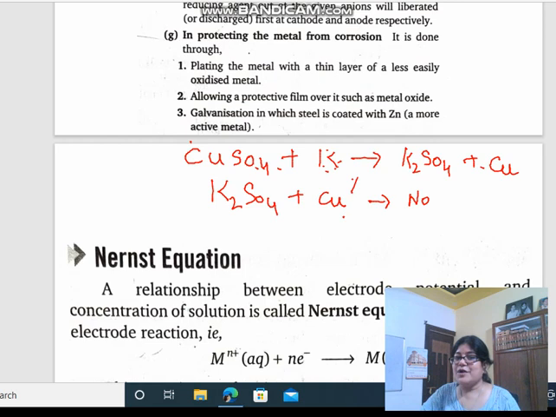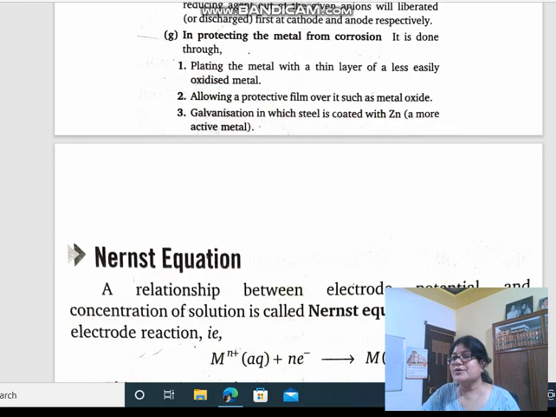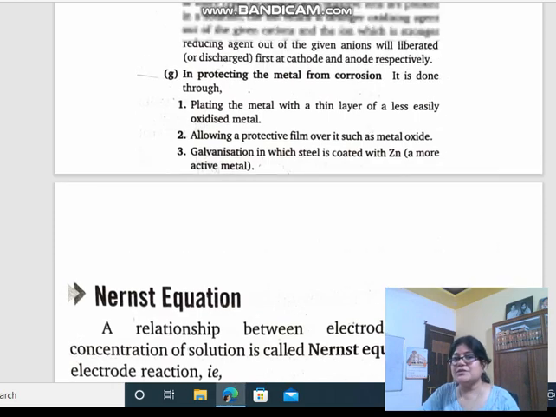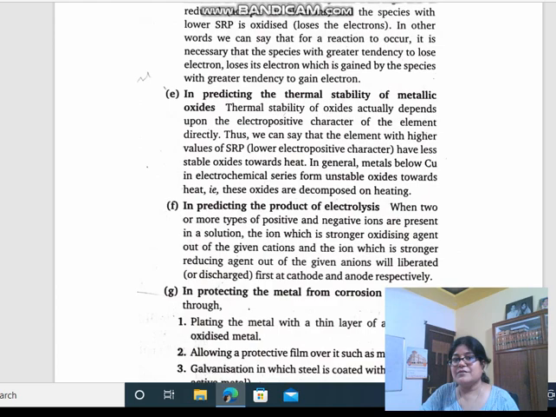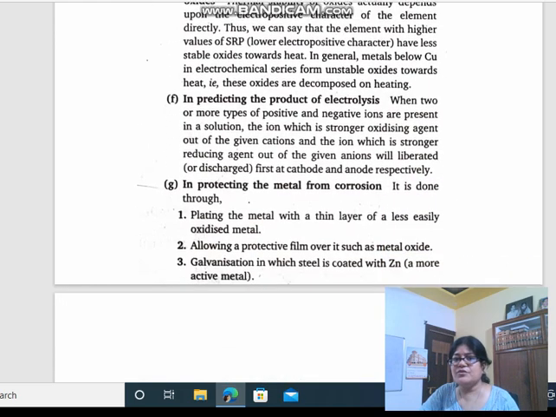But if a person came who is not so attractive, your friendship will not break. Clear? If the substance which came in contact is more reactive, then the reaction is feasible. I think it's clear to you now. So this is known as feasibility of the reaction. Understand?